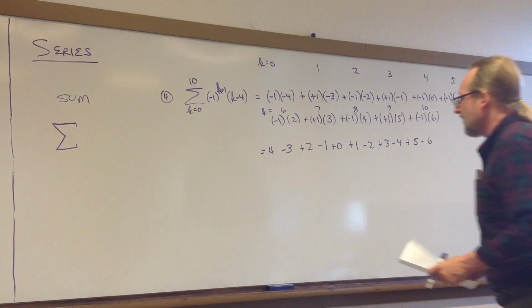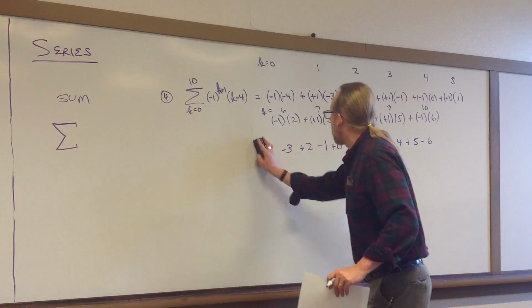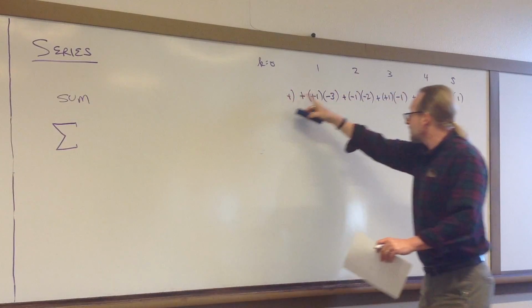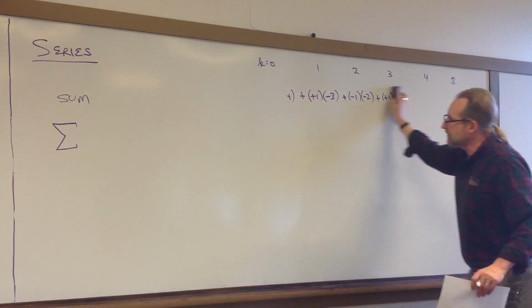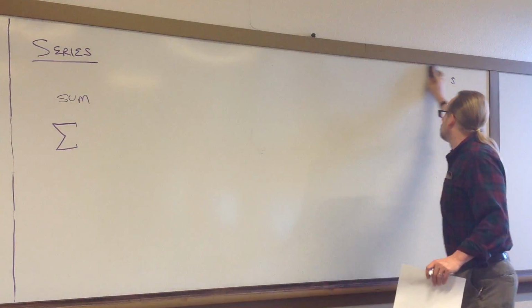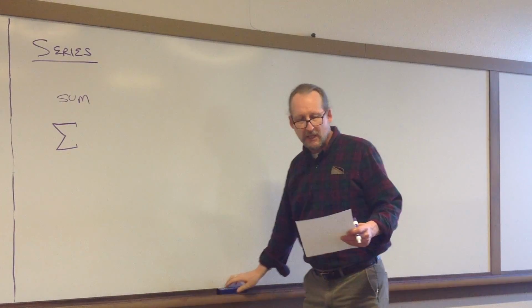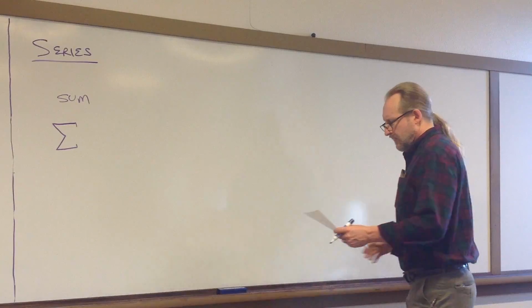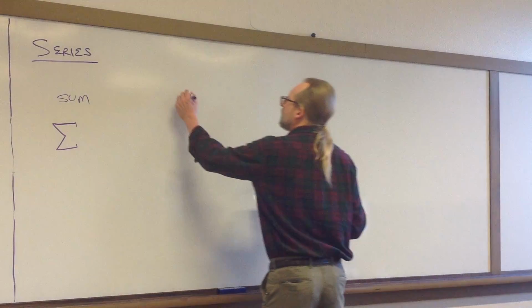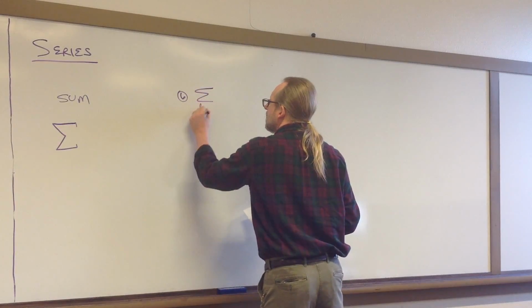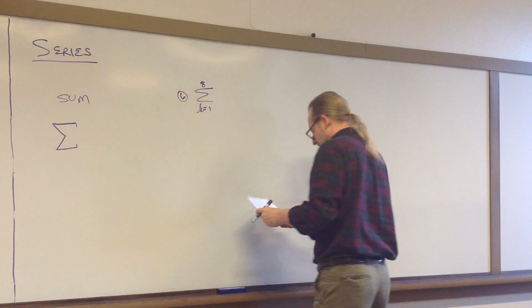Problem 6, we've got one more of these. And again, you can skip this part and jump right to just writing out the values, because once you pick up on the pattern that's happening, it can be easier just to write them out rather than calculating. All right, so here k runs from 1 to 8.